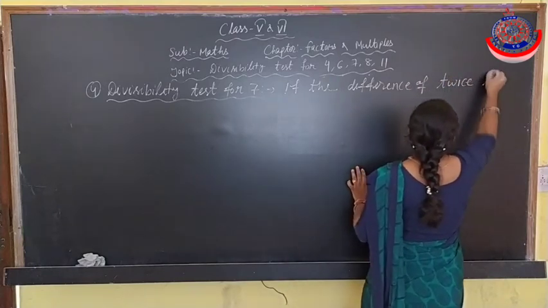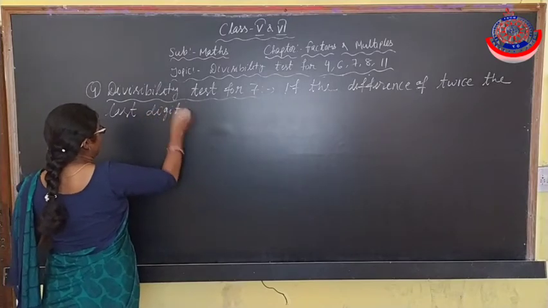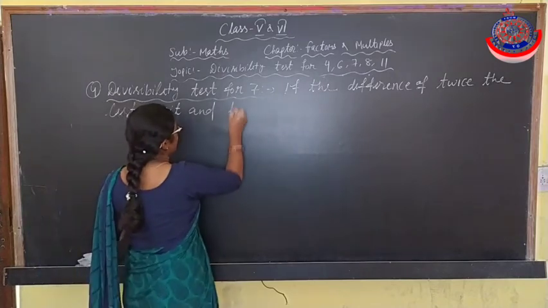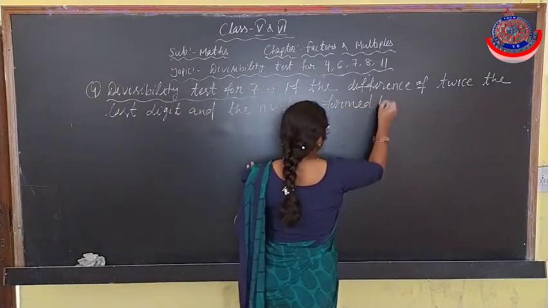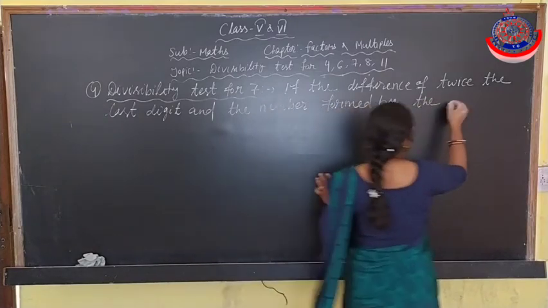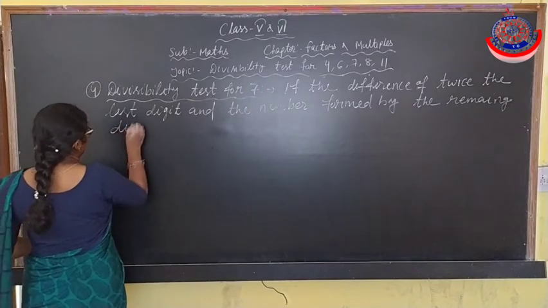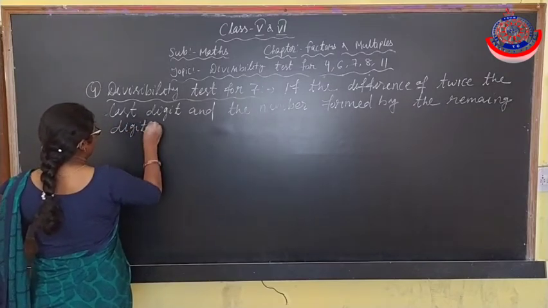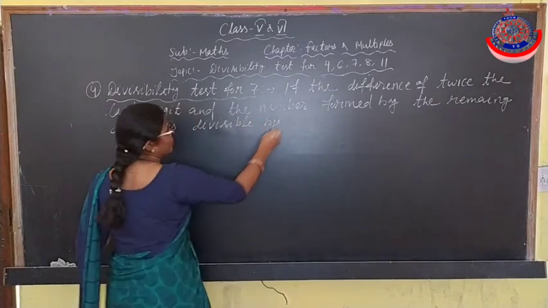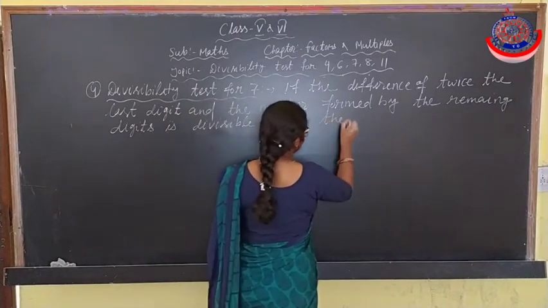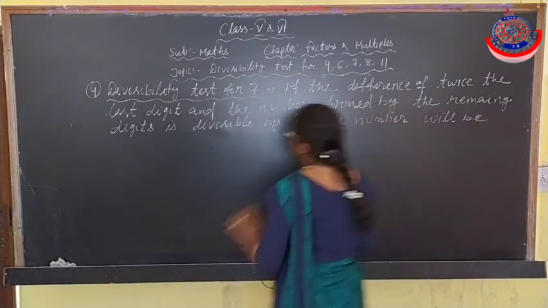What is the rule? If the difference of twice the last digit and the number formed by the remaining digits is divisible by 7, the number will be divisible by 7.